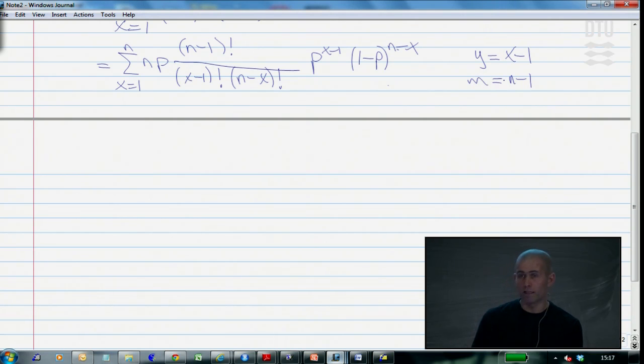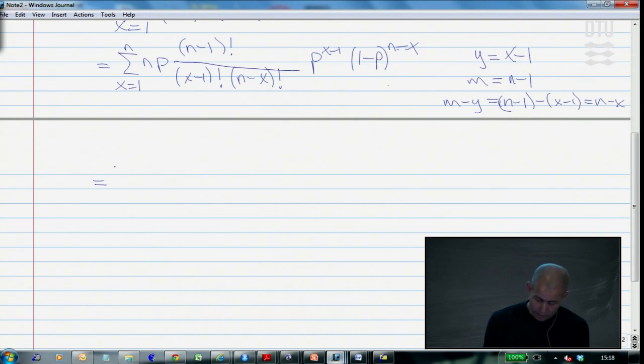So I'm going to recognize another binomial here by putting x minus 1 as y and n minus 1 as m. And please note, when we do this, then m minus y is exactly the same as n minus 1 minus x minus 1, which is then also n minus x. So the difference would be the same between these two.